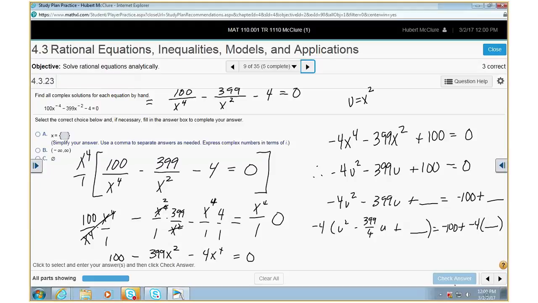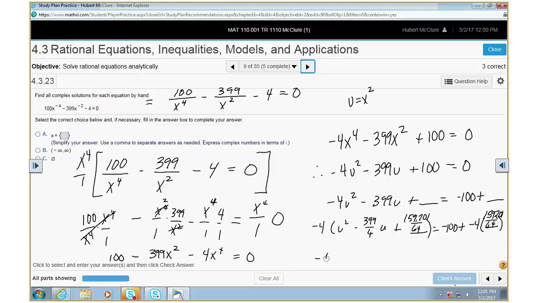Divided by 2, multiplied by 1/2, that's 399 over 8 squared, which is 64. Somebody square 399 for me. $159,201.